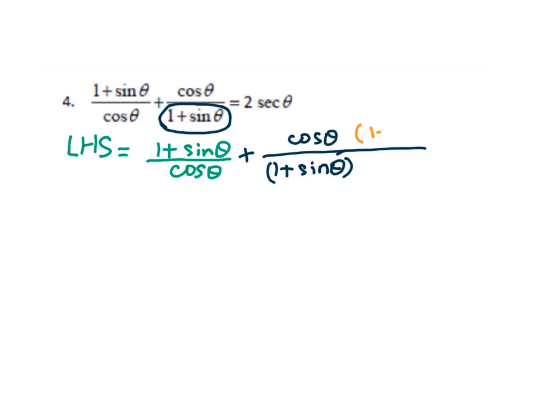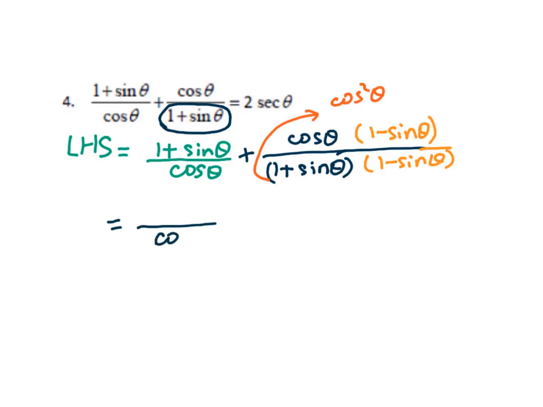So I do 1 minus sine theta over 1 minus sine theta. Remember in your mind, when you do the conjugate multiply, you are supposed to get cosine square theta. So I keep bringing this down because we cannot do anything about that. Then plus.